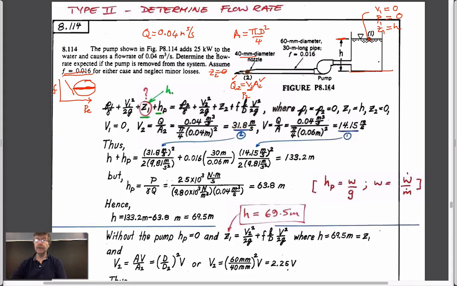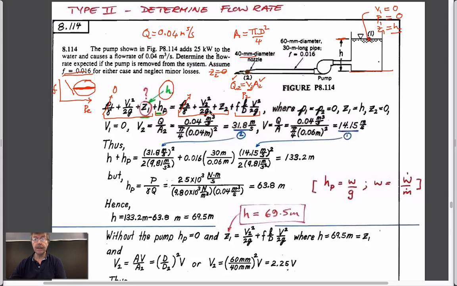So I suppose we have one unknown here. We have a known pressure, a known elevation, a known flow rate, so we should be able to write the equation between upstream and downstream: pressure, elevation, velocity, losses in the pipe, and pump head. Of these, we know this is equal to 0, and this is equal to 0. We don't know elevation 1.